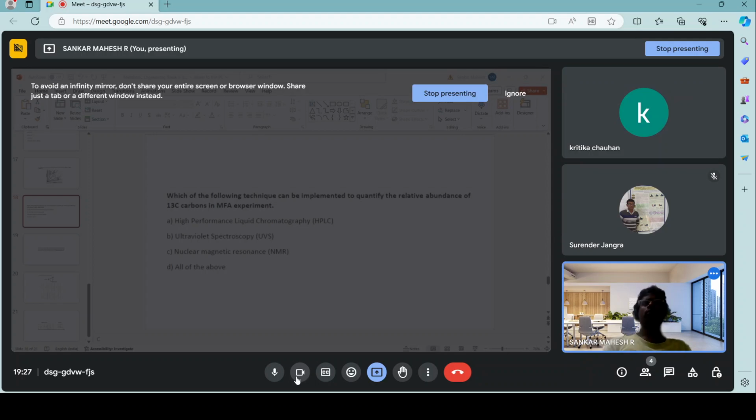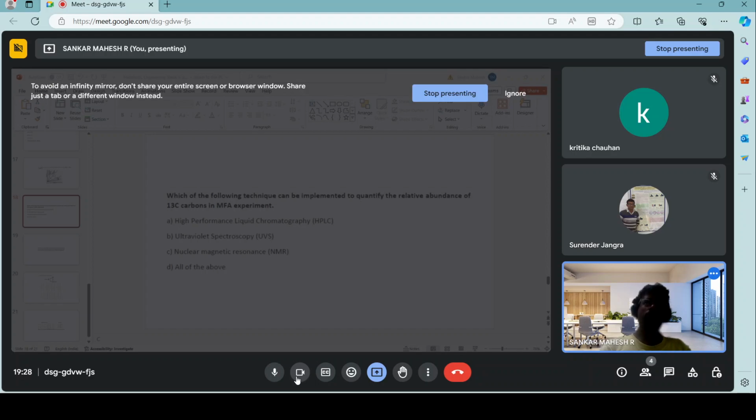Right. Yeah. So, just to rephrase and add on to what you said. So far, what we've learned is about flux balance analysis, where we mathematically try to model how flux is distributed within a given set of reactions inside a cell. But to validate whether the mathematical methods that we've used are right, what people generally do is they take a substrate like what Kritika had mentioned.